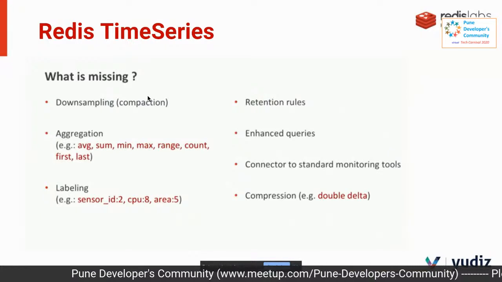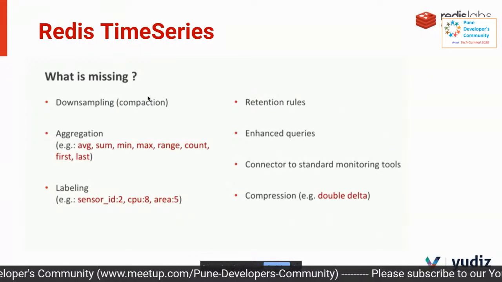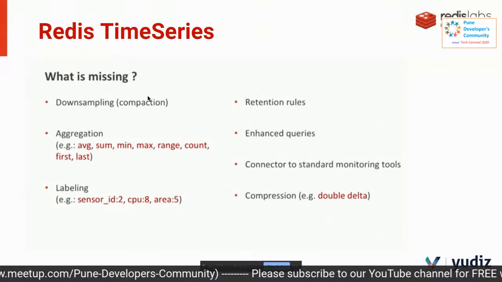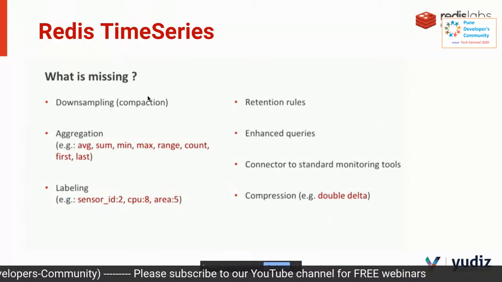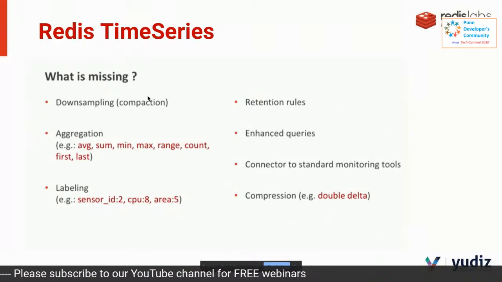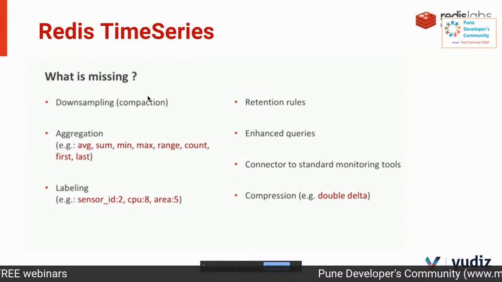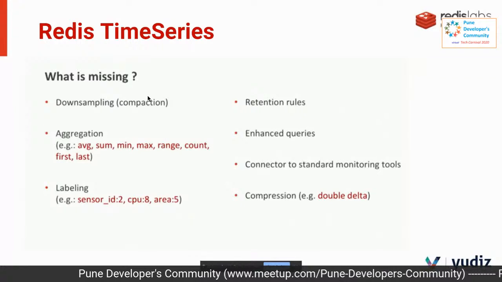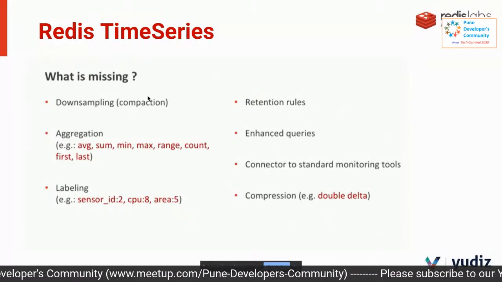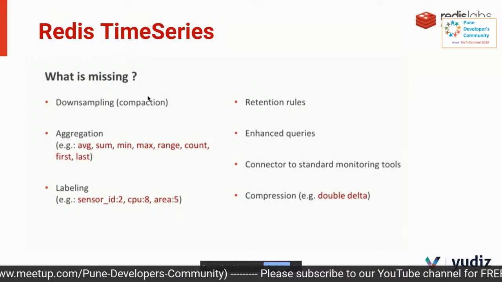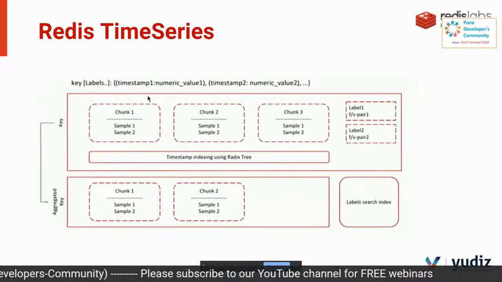So these are the points which were missing in both structures: downsampling, aggregation, labeling. The main part is compression. To overcome these things, the Redis time series module was introduced.